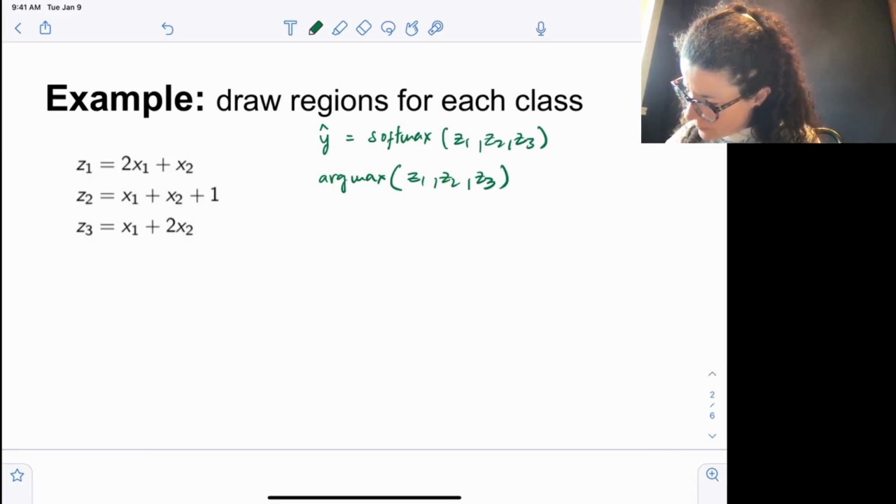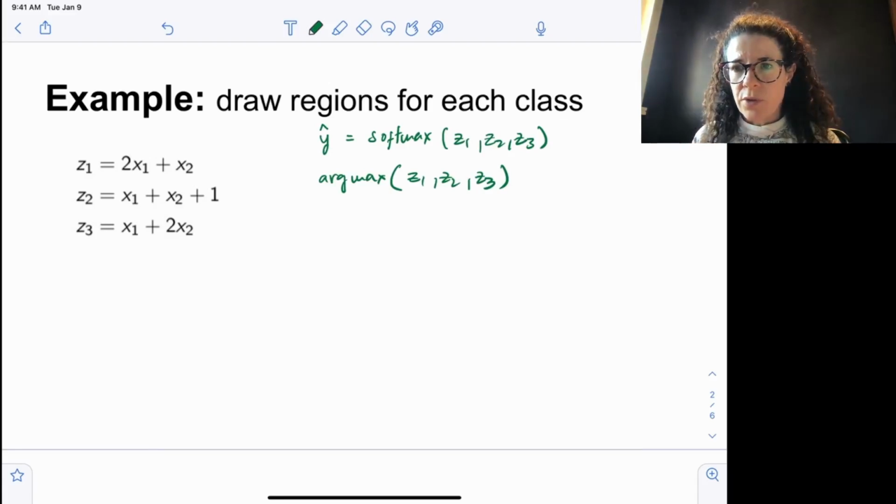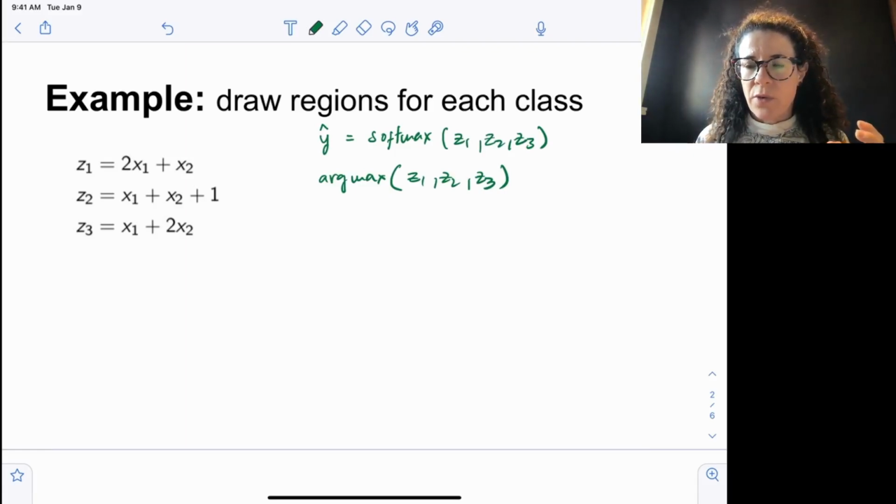So you guys gave an intuition of how to think about that. Let's draw a little bit here. The first thing we have to notice is that the prediction is given by the maximum between z1, z2, and z3. So unless this maximum changes, these predictions are not going to change.